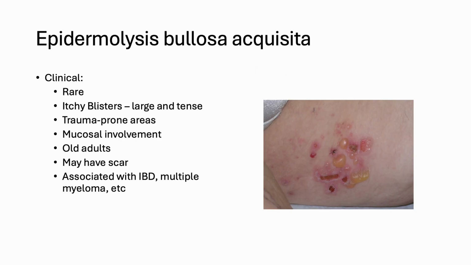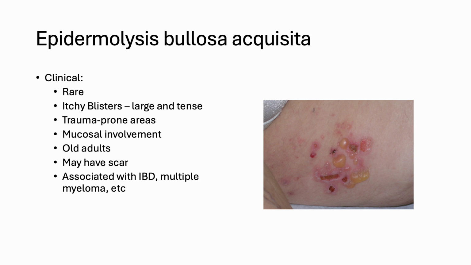The next disorder is epidermolysis bullosa acquisita, or EBA. Clinically, EBA is quite rare, and it also presents as itchy blisters. They can be large and very tense.